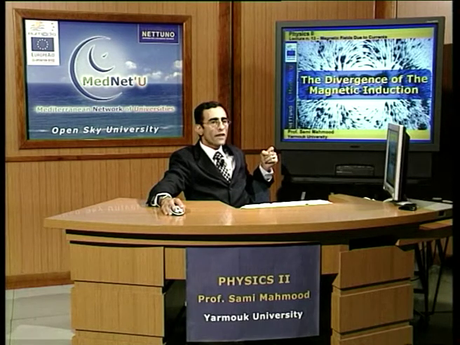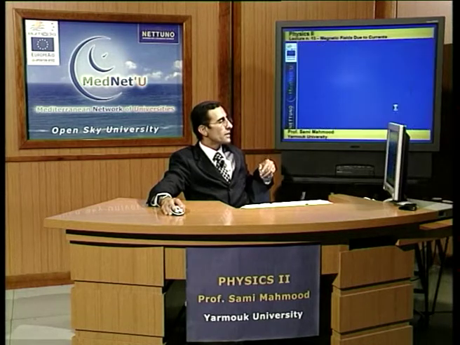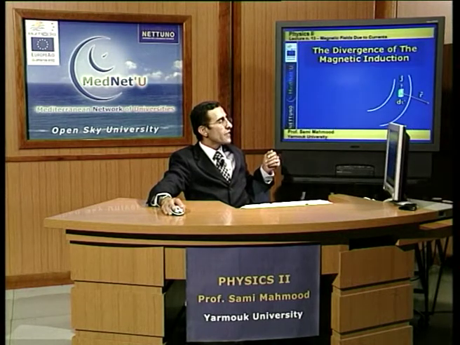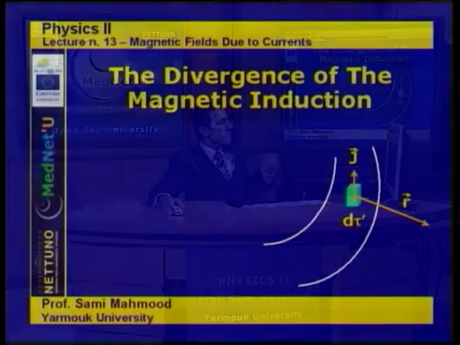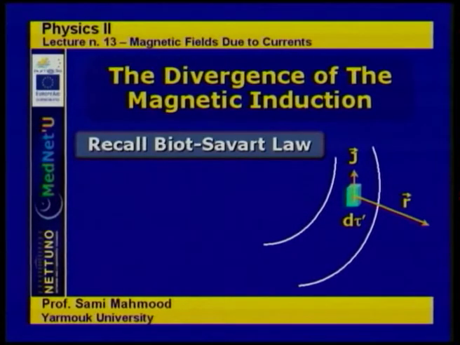And now the divergence of the magnetic induction. It's worth mentioning that if we have a current carrying conductor, we consider the element of volume d tau carrying current J, and we are interested in evaluating the field at a point R from that current.